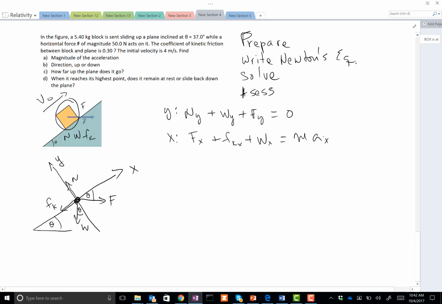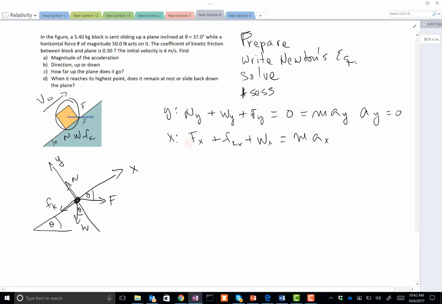So those are the two equations. Let's go back to the y equation a little bit. This is also mass times the acceleration in the y-axis, but the acceleration in the y-axis is 0 because there's no motion there. So therefore, this is equal to 0. So now I have the two equations.